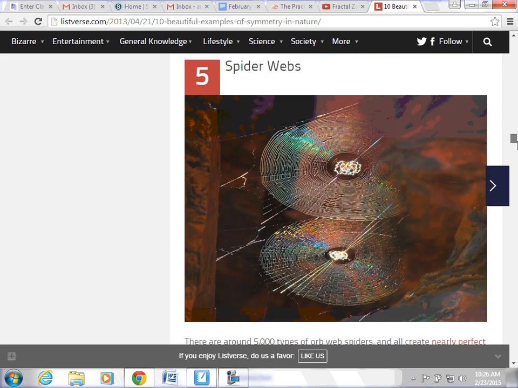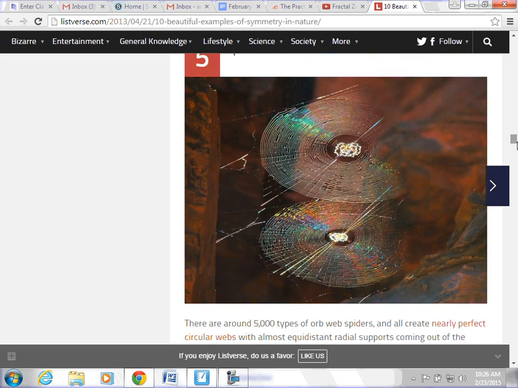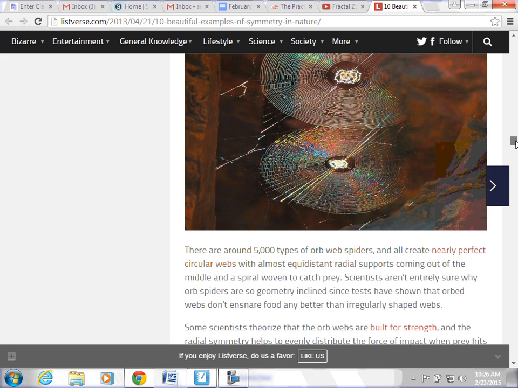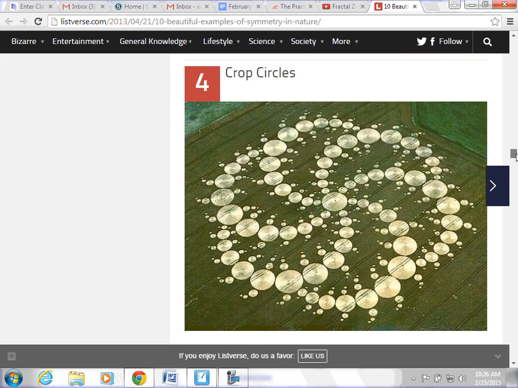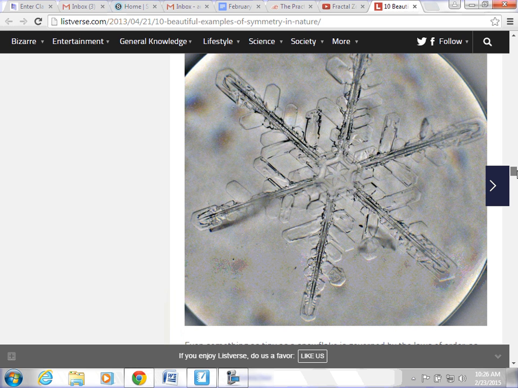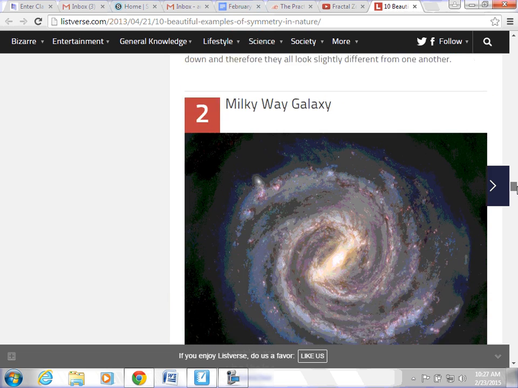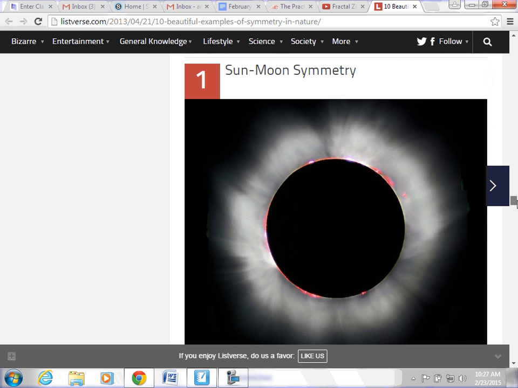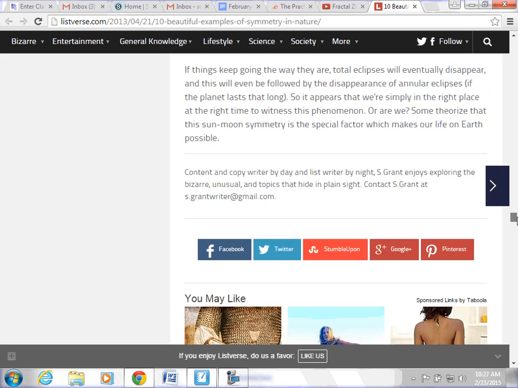It's really neat when you find one that isn't just like a mesh, it's actually those concentric circle ones. Crop circles. They are not from aliens. Snowflakes, as we figured out in making all of our beautiful snowflakes on our windows. Galaxies. Sun and the moon, which has infinite symmetry because it's a circle. Lots and lots of symmetry.